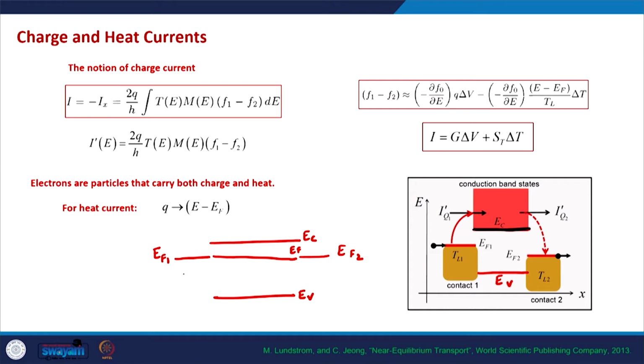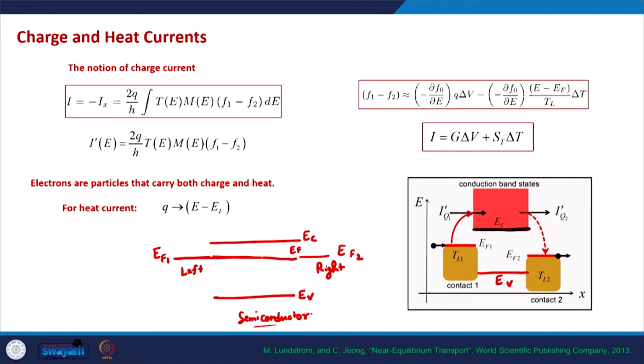So, this is the left contact, this is the right contact, and this is the semiconductor in between, and this is the equilibrium band diagram of the system.